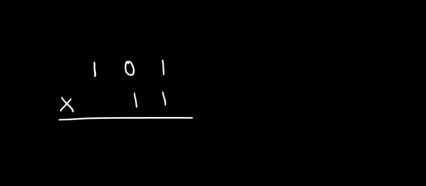Now let's see multiplication of binary. For example, you have 101 times 11. Now 101, you can see, is equivalent to 5, and the place values are 1, 2, 4.